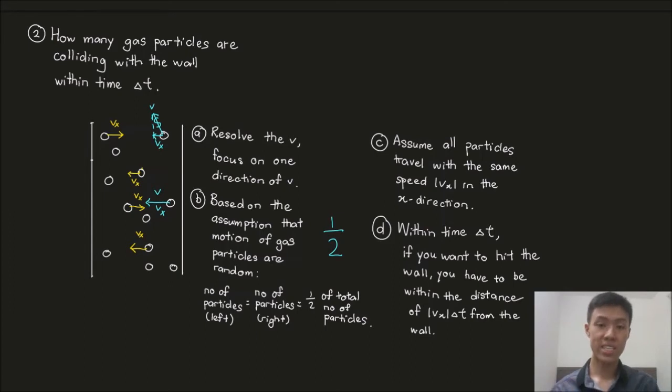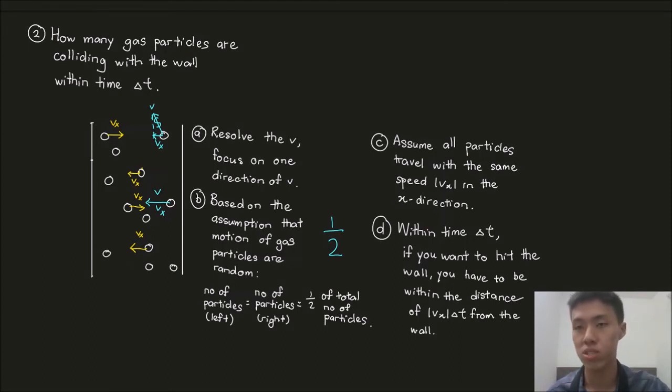Okay, so it says here, within time delta t, if a gas particle wants to hit the wall, the gas particle has to be within the distance of Vx times delta t from the wall. The Vx here is the speed of the particles in the x direction, the delta t is the specified time. So if you multiply these two things together, you get a distance. So what does this mean?